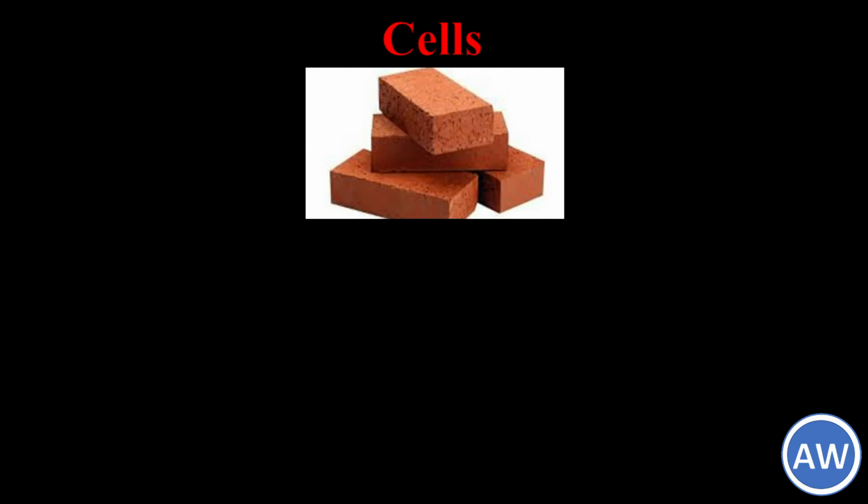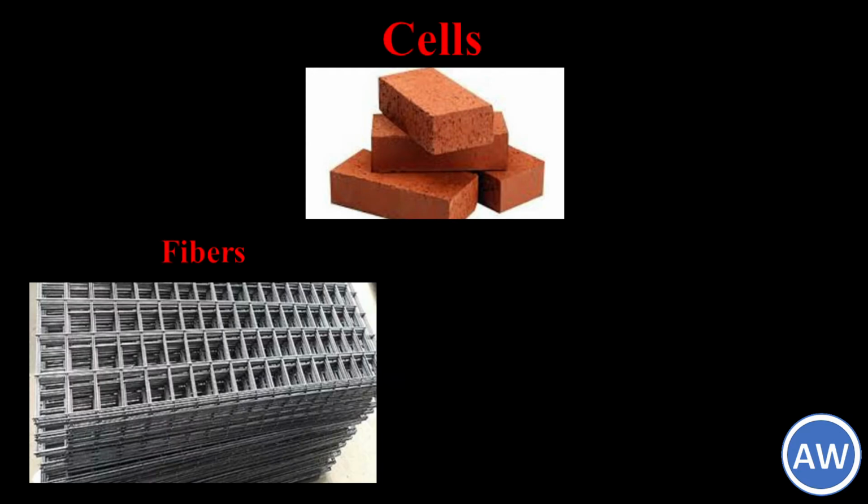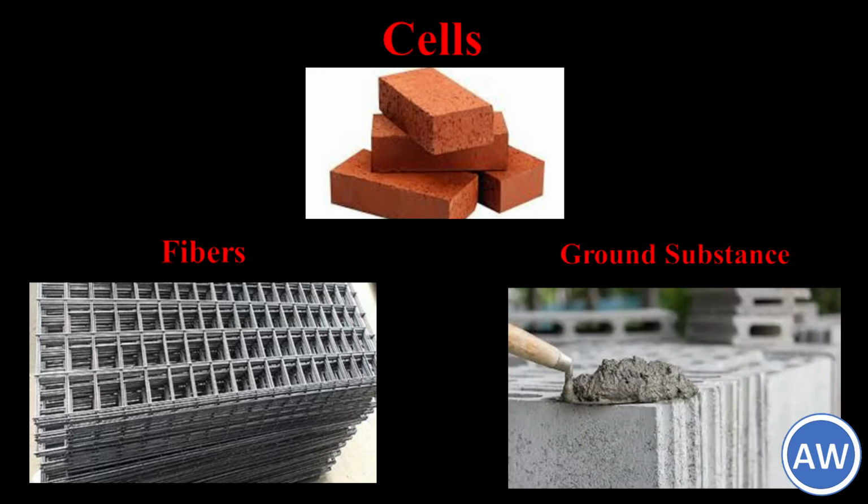The cells can be compared to the bricks, which are the building blocks. The fibers can be compared to the wire mesh, which maintains the contour and the structure of the entire tissue. And the ground substance can be compared to cement, which holds these elements together.